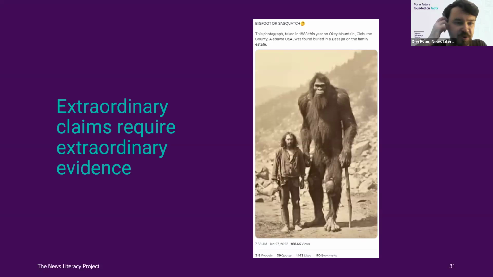If this was real, you would expect that there would be other archival information. If Bigfoot was real, you would think that you would have other sorts of sightings or documentation. So sometimes we can see a claim and we can just see that it doesn't really make sense logically.